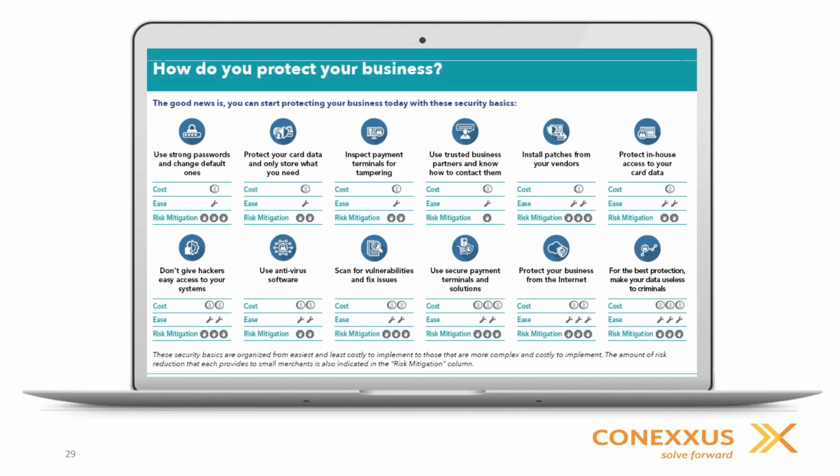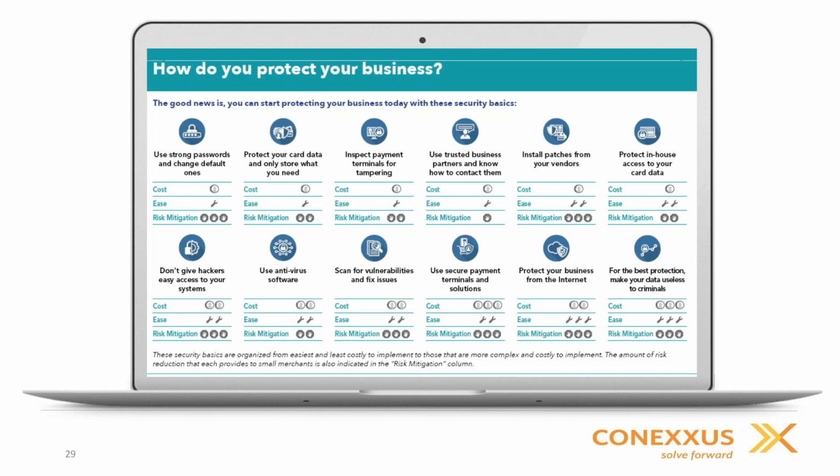Okay, so here's a page from our Guide to Safe Payments that I really like. We all know that complexity and cost are typically really big barriers for small merchants, if they can even consider security at all, because they may not know. They can't spend a lot of money on security, they don't understand it, or they don't see the cost benefit of it.